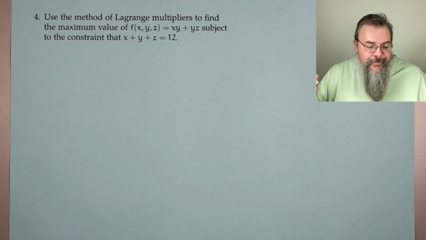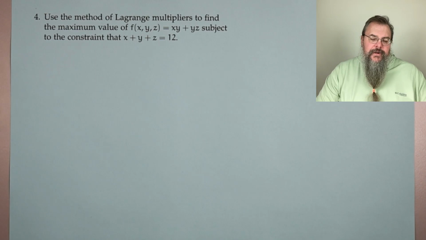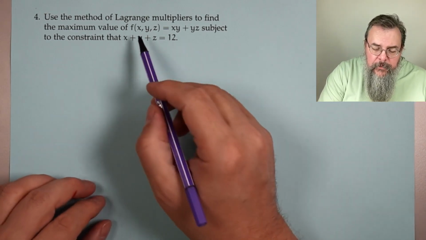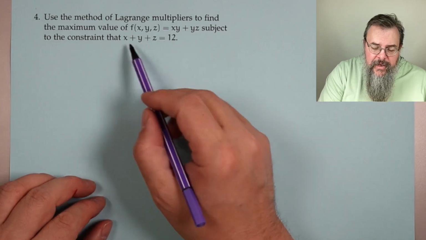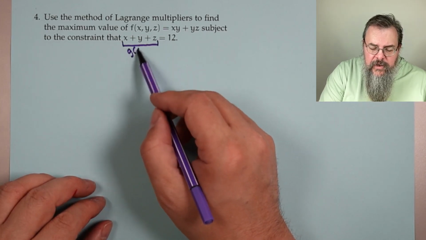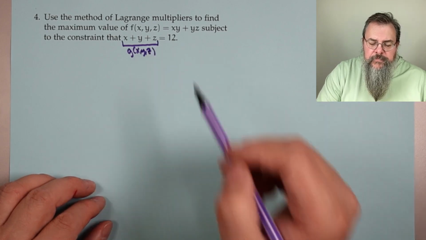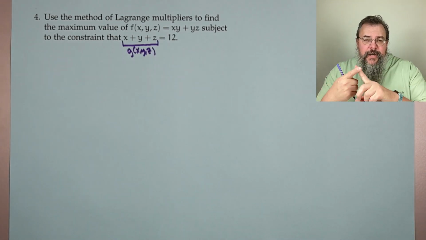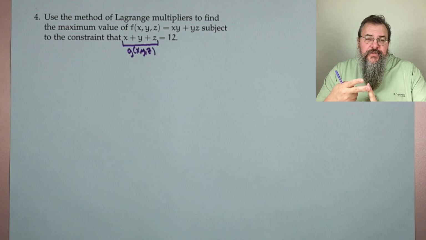Well, let's find out. Okay, so how do we begin? Well, we have what we're trying to optimize, and now we also have our constraint. So this is our g of x, y, z. In Lagrange multiplier problems, you first make sure you know what function you're trying to optimize is and what your constraint is.